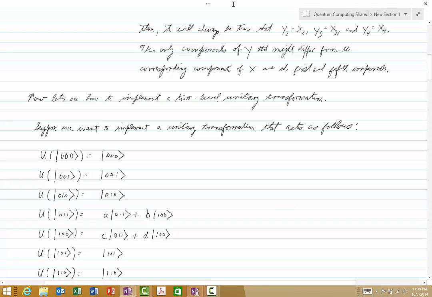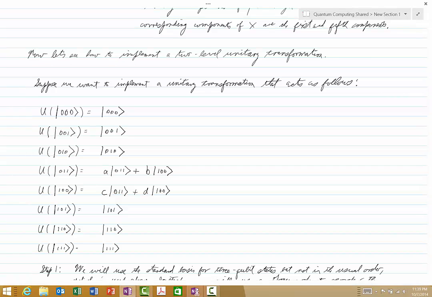Suppose that we want to implement a unitary transformation that acts as follows. It acts, you might say, trivially on 000, 001, 010, 101, 110, and 111. What I mean by that is that in each of those cases, it just gives back the same state.